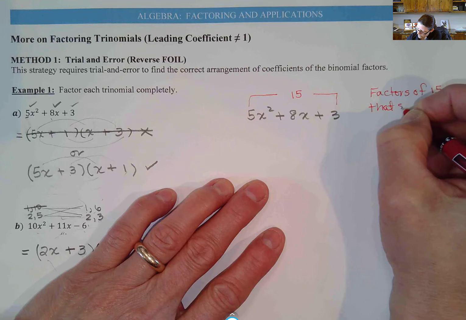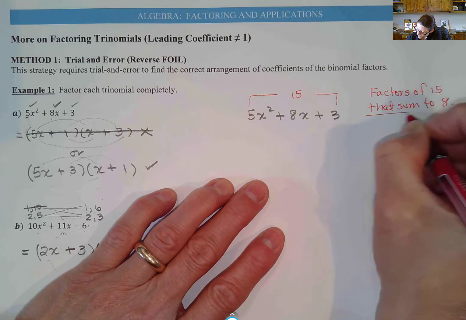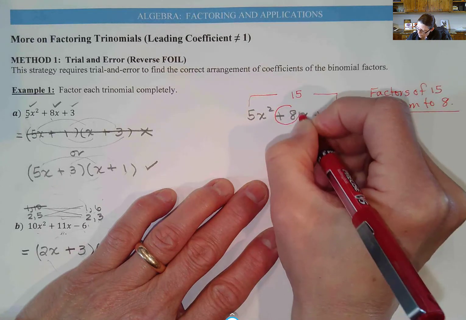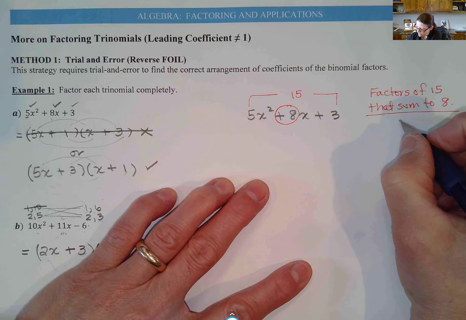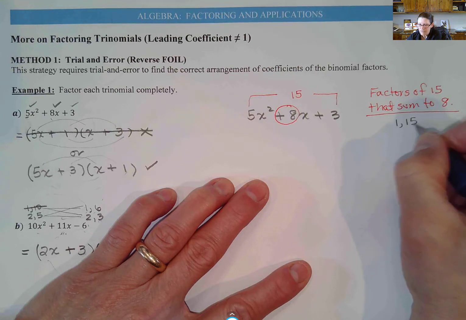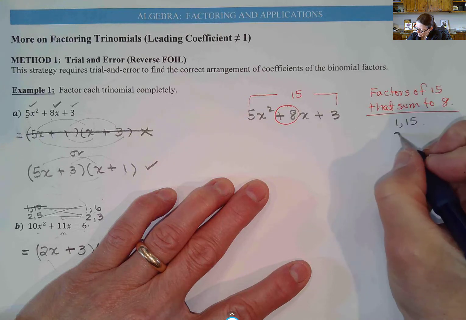Okay, 8 is that middle coefficient. So let's just walk ourselves through the factors of 15. Like 1 and 15, they sum to 16. 3 and 5 sum to 8, so those are the two that we want to use.